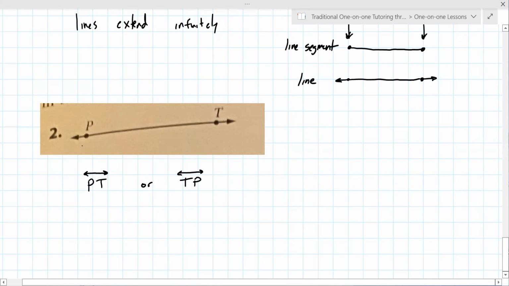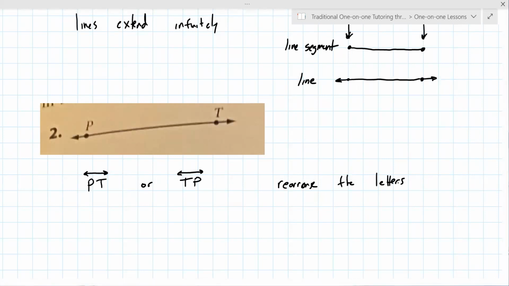So PT means the line goes through P and then T. TP means the line goes through T and then P. And the point here is that you can rearrange the letters. The letters don't matter in a line.